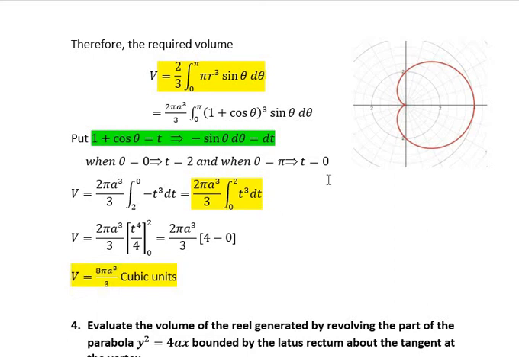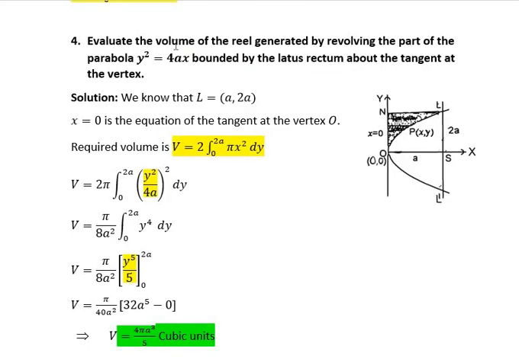So volume problem 4. Evaluate the volume of the solid generated by revolving the part of the parabola y square is equal to 4ax bounded by the latus rectum about the tangent at the vertex. This is the parabola which represents y square is equal to 4ax, and this line L to L dash, which is the latus rectum, and it is at x is equal to a and y value is 2a.